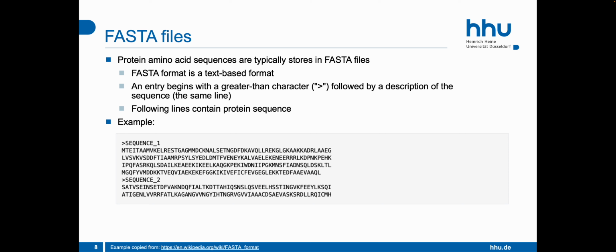But in principle, we could add any information we want about this protein to this line. In the following lines, we have the amino acid sequence of the protein, and each line usually contains no more than 80 amino acids, but this is just a convention and can be different. And all the amino acids until the next entry that starts again with a greater than sign belong to the same protein amino acid sequence.